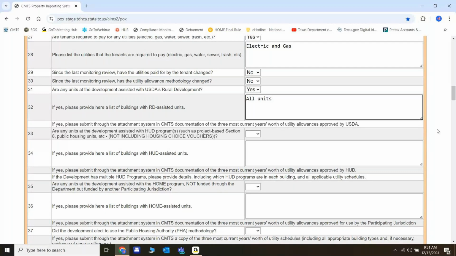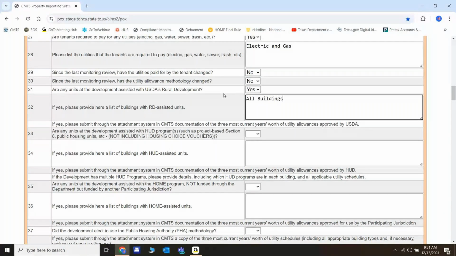It's a text box, so you can say all units or all buildings, or you can list, I have 5 buildings, but I have assisted units in buildings 1 through 4. So, because this is going to tell us, okay, we have to use the RD utility allowance for buildings 1 through 4, and then building 5, they'll have a different utility allowance. But usually when it's RD assisted, it's usually all buildings.